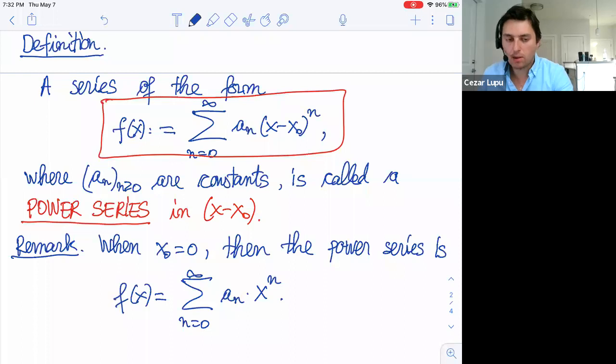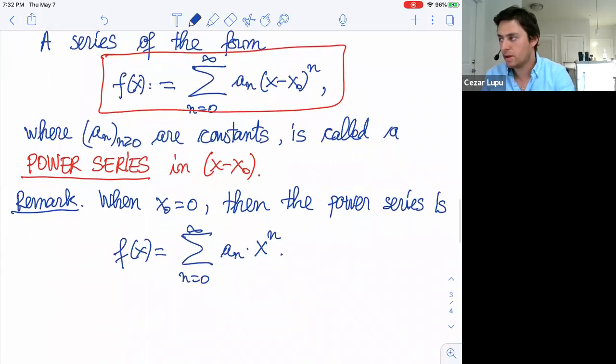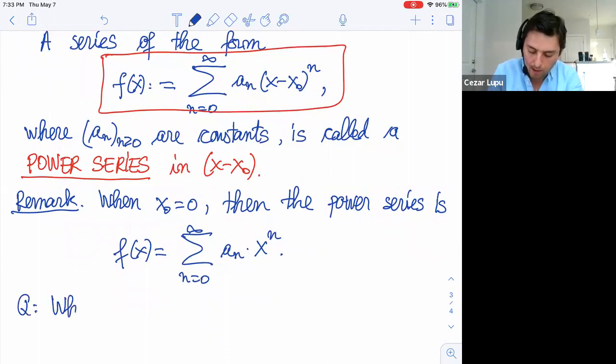We would like to talk about the convergence. We're interested in convergence of this series, and the question we want to answer is, when do we have convergence?